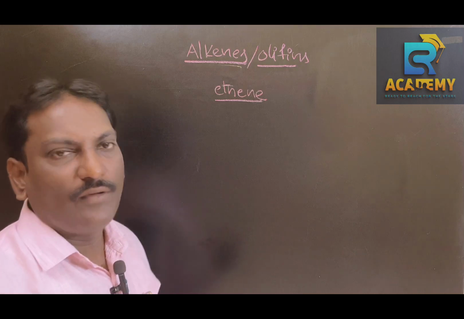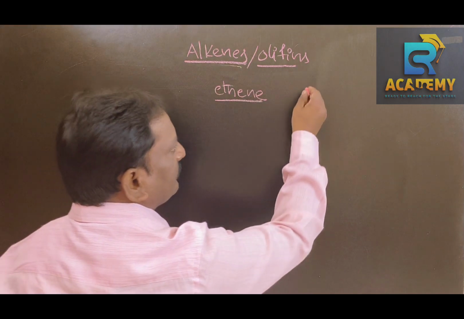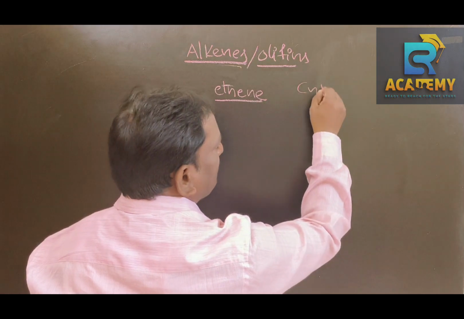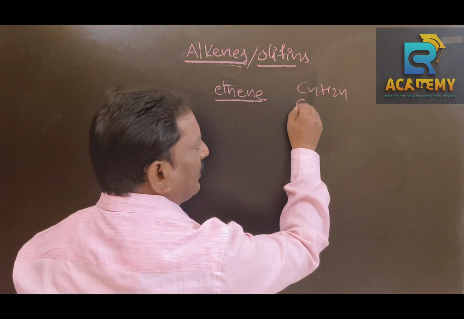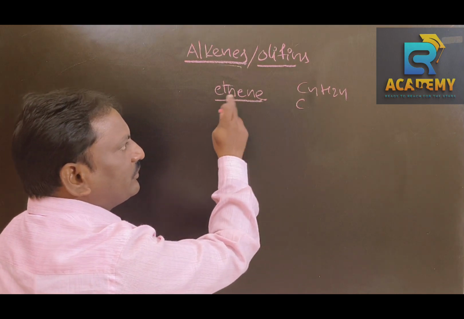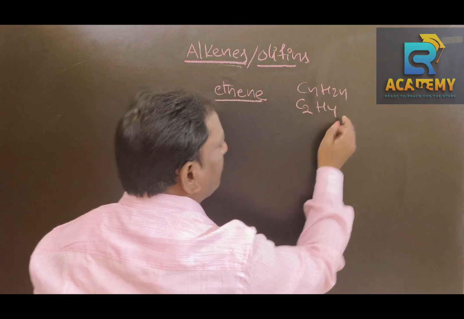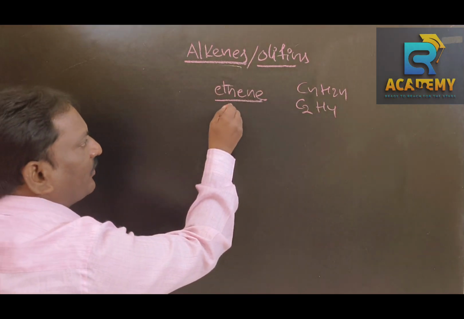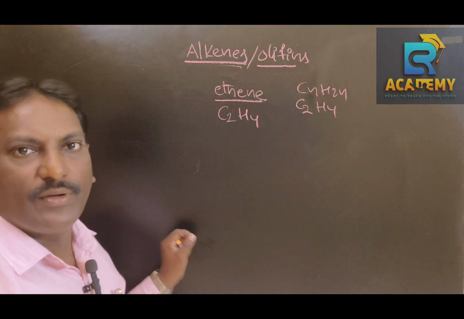What is the chemical formula of ethene? It has 2 carbons. General formula CnH2n. Let us substitute 2 in place of n: C2H4. Ethene chemical formula C2H4.